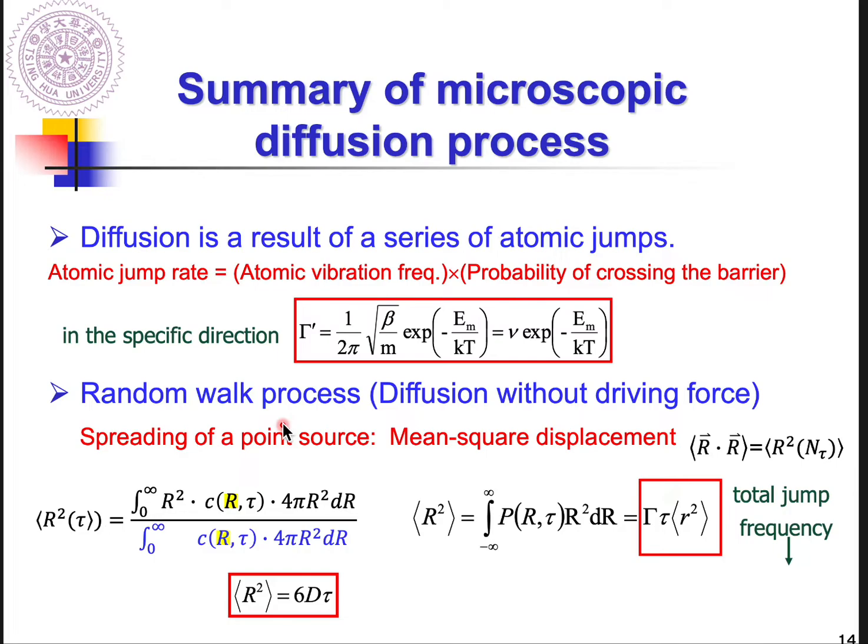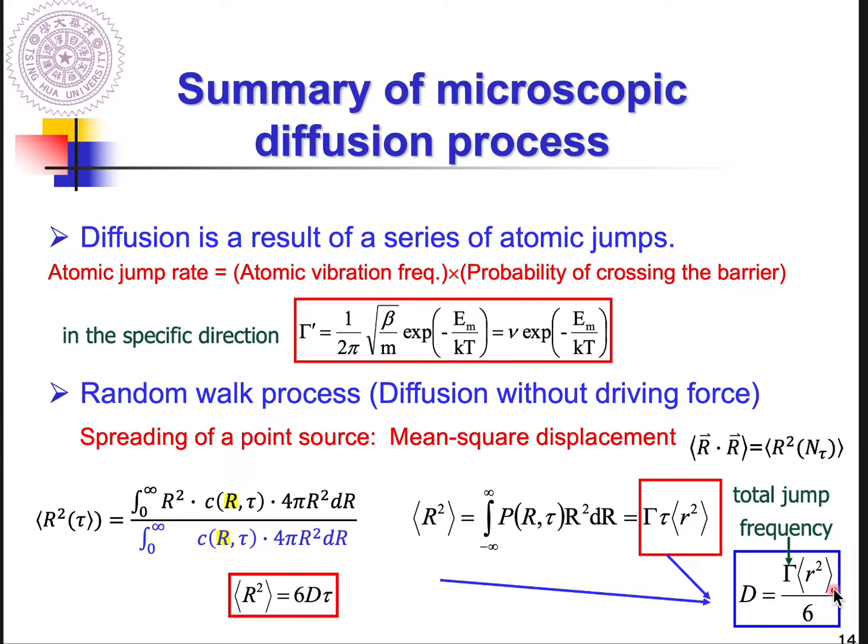Based on the random walk, where the example is the spreading of a point source, you get the mean square displacement equals 6Dτ, and from the radial probability point of view, the mean square displacement equals Γτ times the mean square jump distance. So you get the diffusivity equals the total jump rate times the mean square jump distance divided by 6.